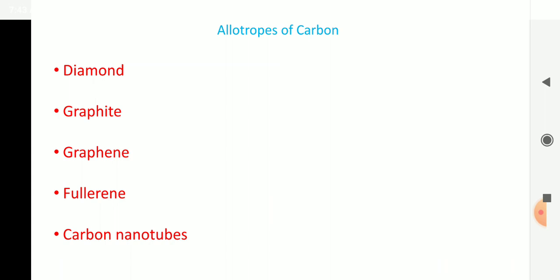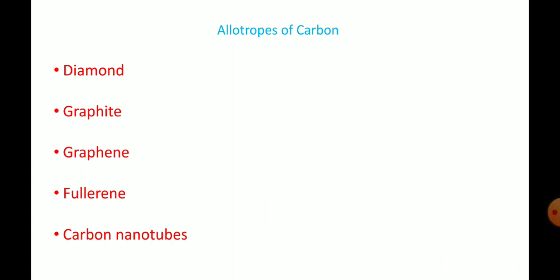Okay, then the final one is allotropes of carbon. What are allotropes? The same element existing in more than one physical modification is called allotropes. And here we are going to see only the allotropes of carbon. Carbon has a number of allotropes.